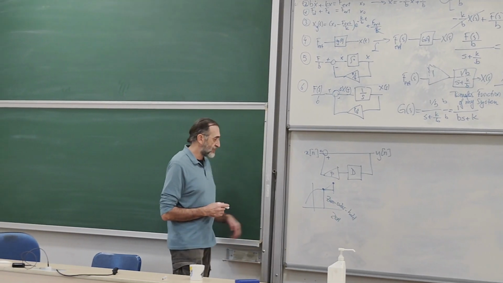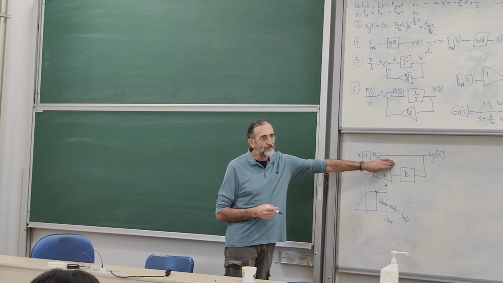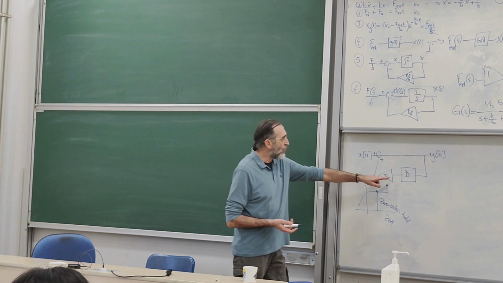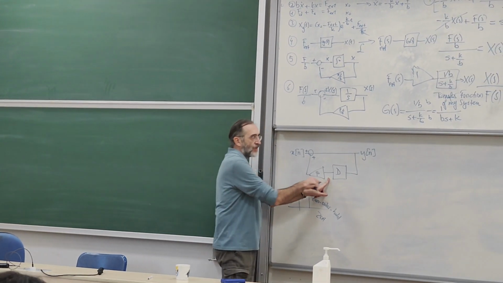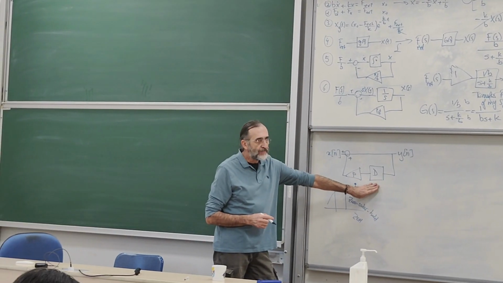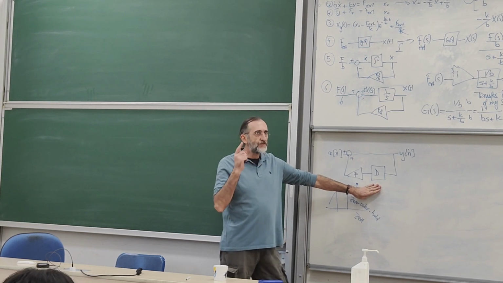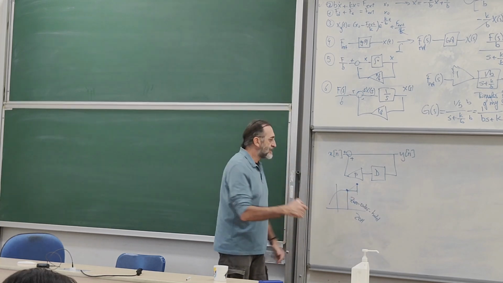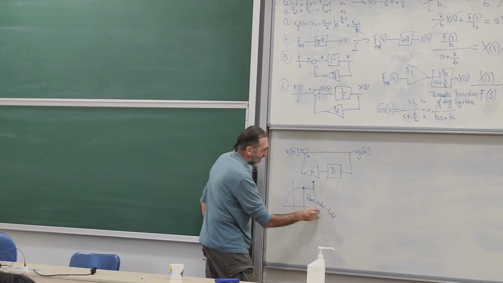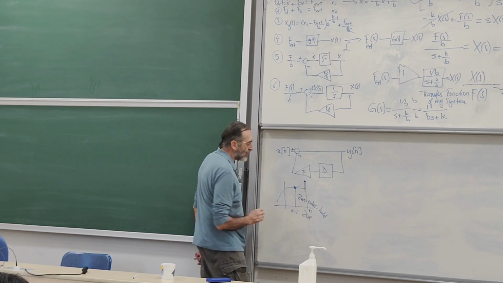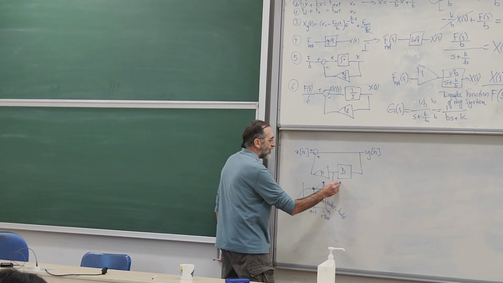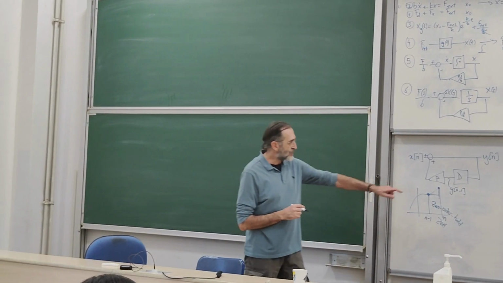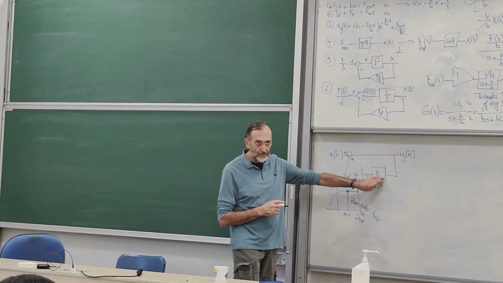That's what the computer does. This is a digital system, it's a computer. It has to hold something. So it holds the information. What does it give? The information that it started to hold before. This is n. It started to hold this at minus 1. So it gives you y of n minus 1. It spits out that information because it's been holding it.